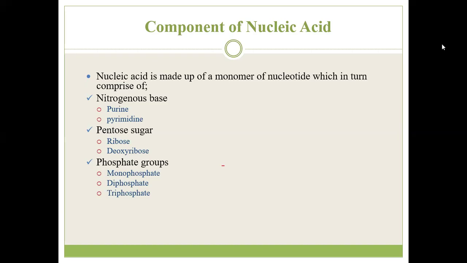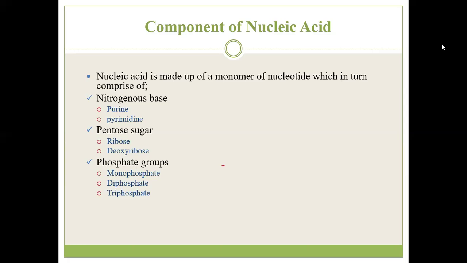When we say we have a polymer of something, it means that thing is attached to another thing of the same kind, also attached to another thing of the same kind, until you have many of the same kind attached to each other through a particular bond.